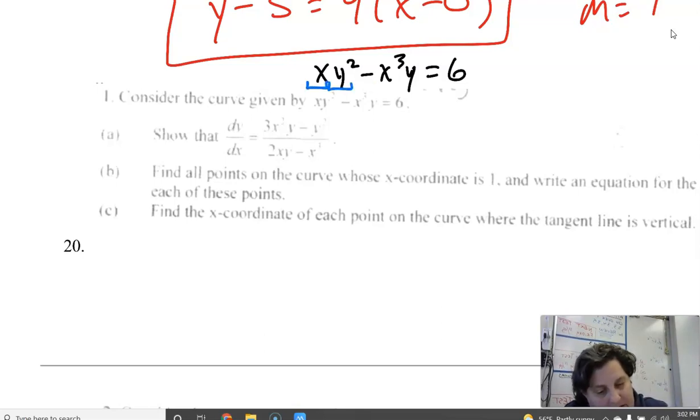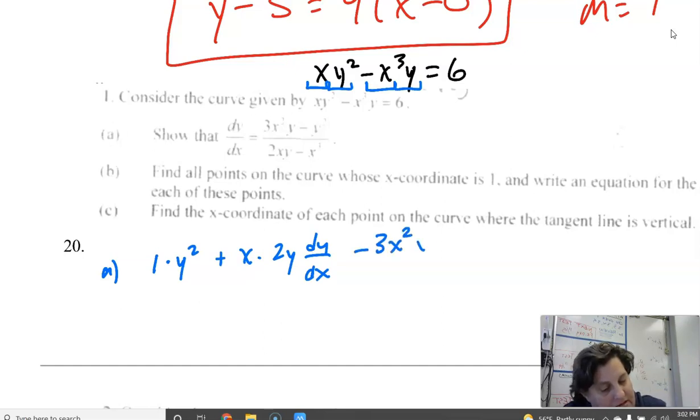If I'm showing this, I'm going to do a couple of product rules. With this product rule, I'm going to include the negative. For part A, derivative of the first times the second, first times derivative of the second, and then derivative of the first times the second, first times derivative of the second equals 0.